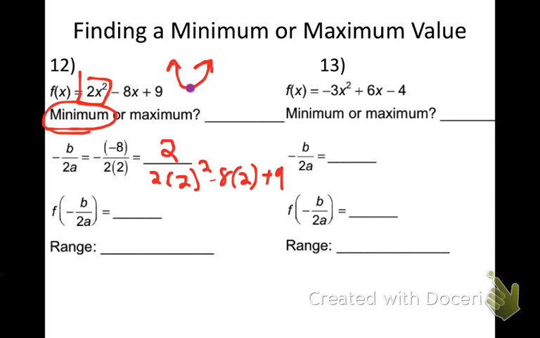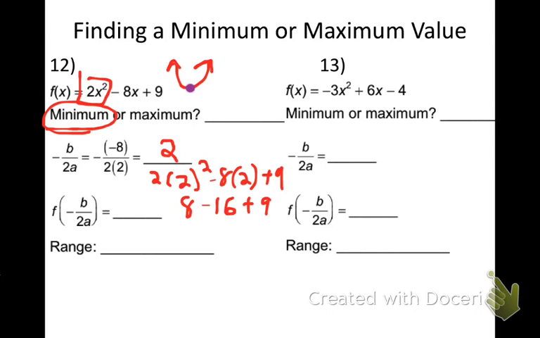2 squared is 4. 4 times 2 is 8. So I have 2 times 2, so I have 8. 8 times 2 is negative 16 there, right? Plus 9.